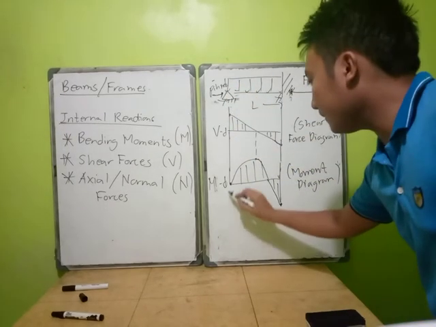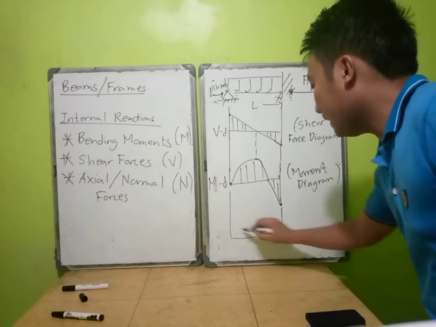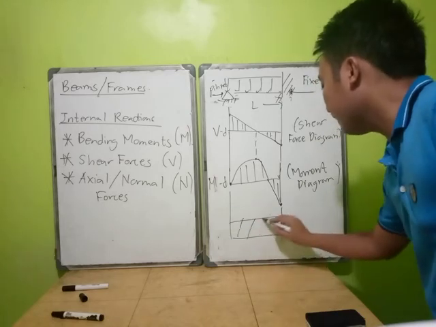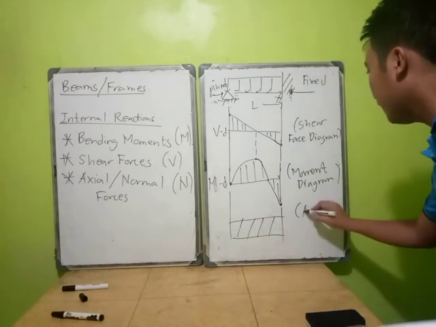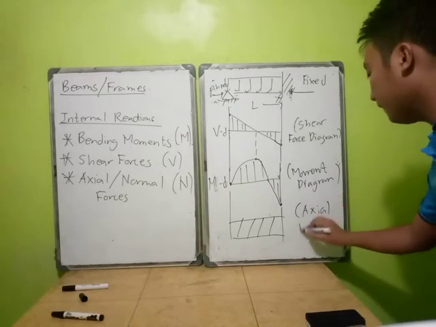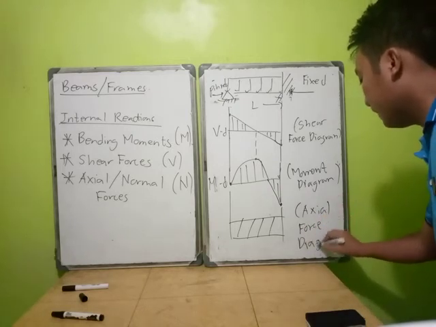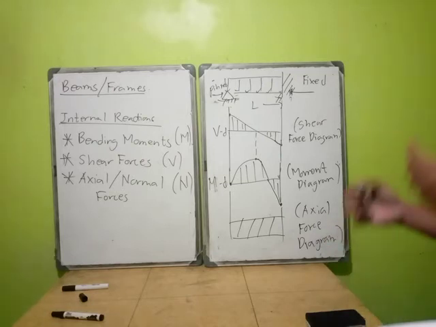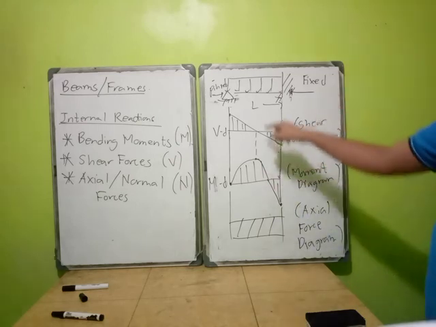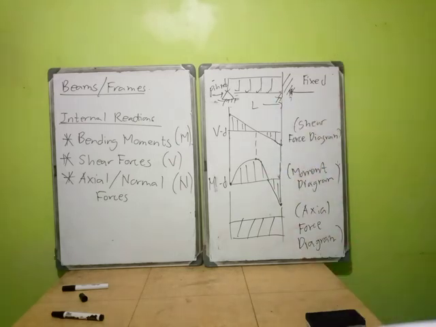So kapag may horizontal force, you will have an axial load diagram, or axial force diagram. Okay? So, axial force diagram can be also drawn if there is an axial force.